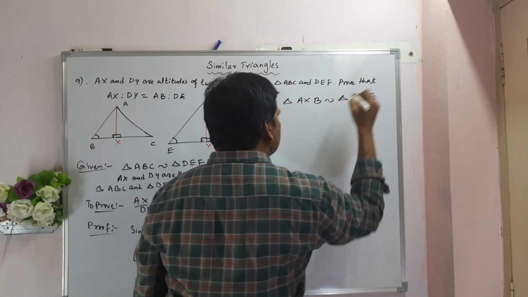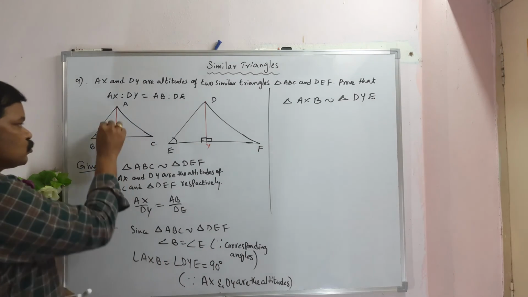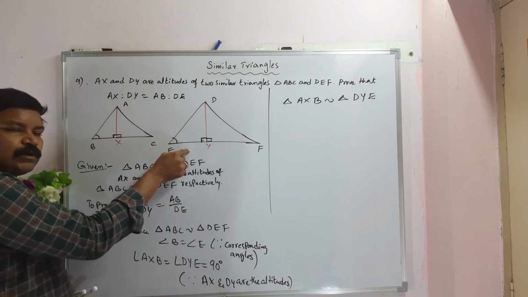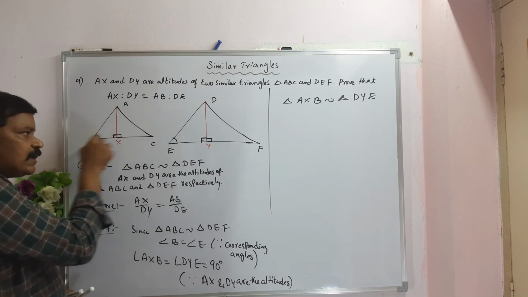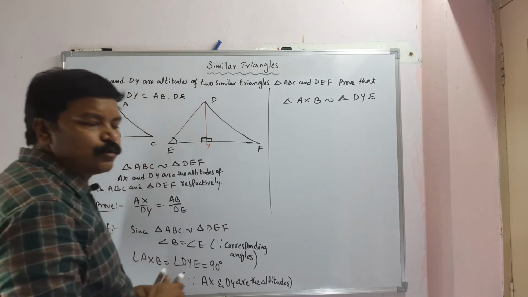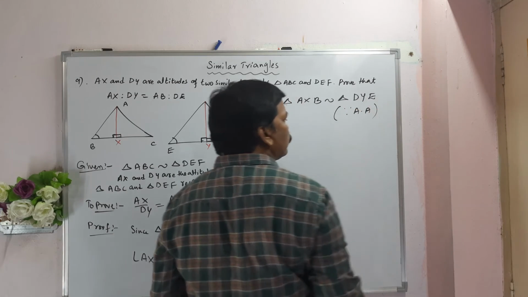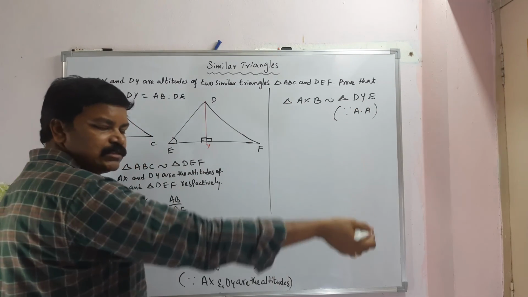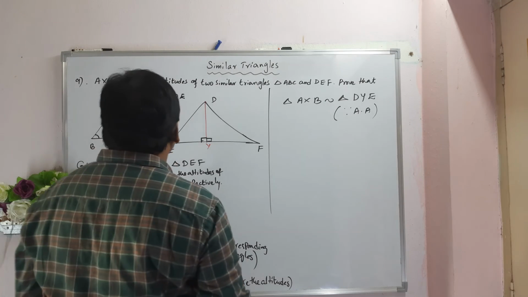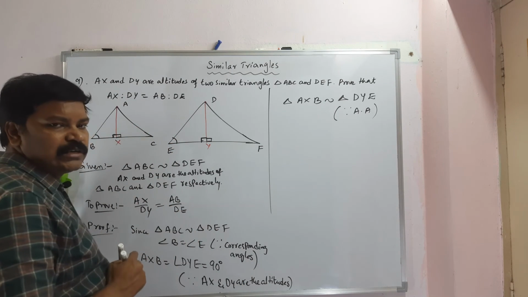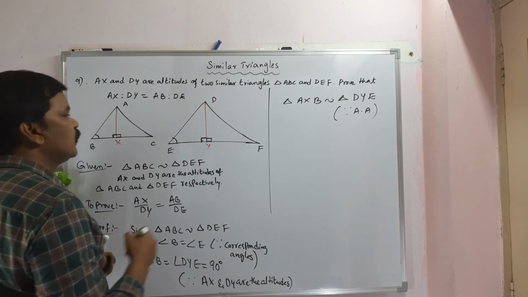Why are they similar, students? In these two triangles, angle B is equal to angle E and angle AXB and angle DYE are equal. Therefore, according to AA similarity, since two angles in the first triangle and two angles in the second triangle are equal, the two triangles are similar according to the AA similarity criterion, right?